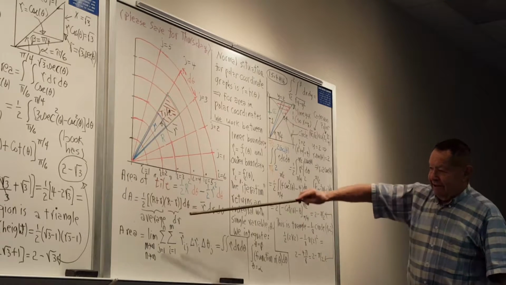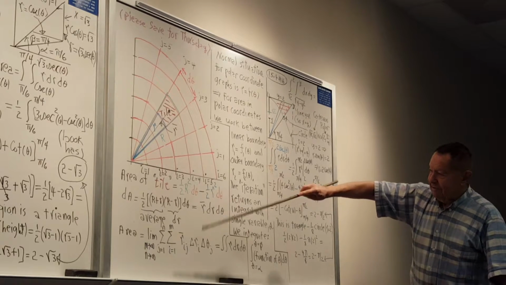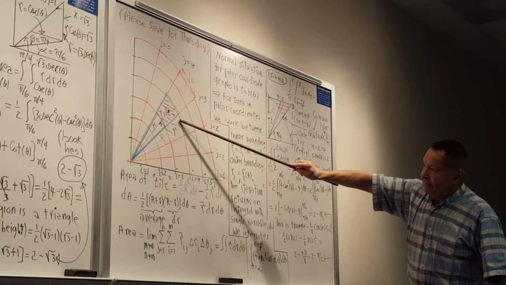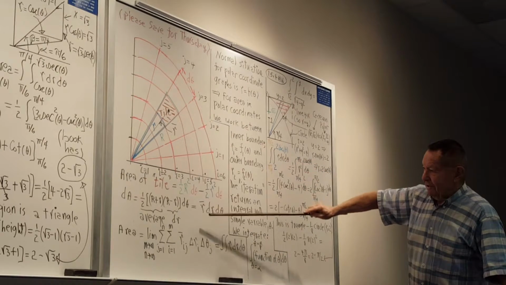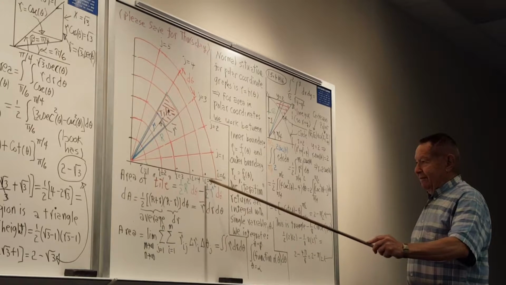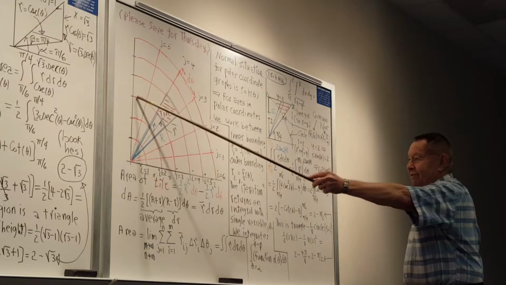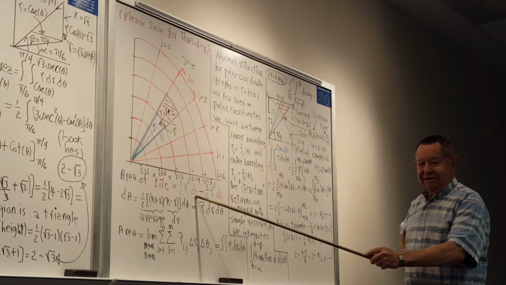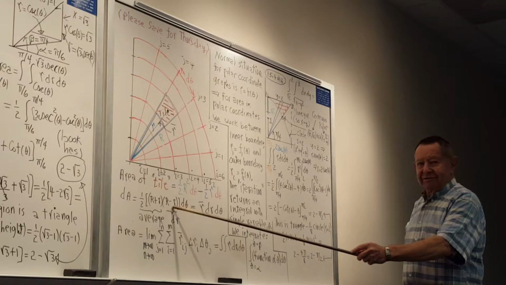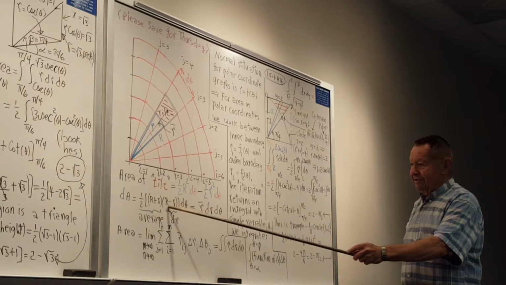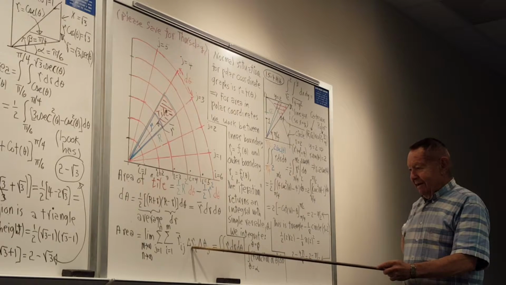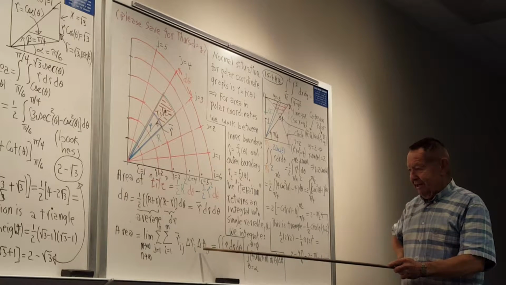So your area then is the limit of your double sum, where you're summing from pole outward, so that's taking care of the dr, and from start to finish, and that takes care of the d theta. So the j goes with the d theta, and the i goes, as I've drawn things, with the dr. So I have delta r i, delta theta j.